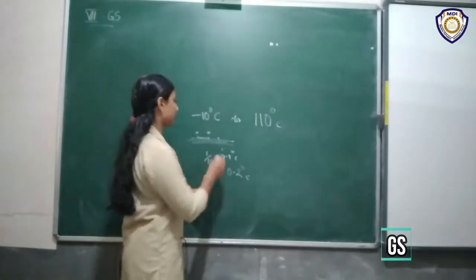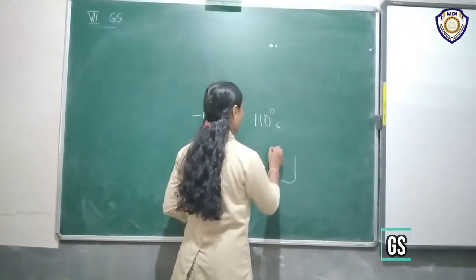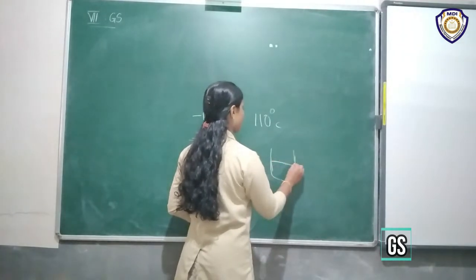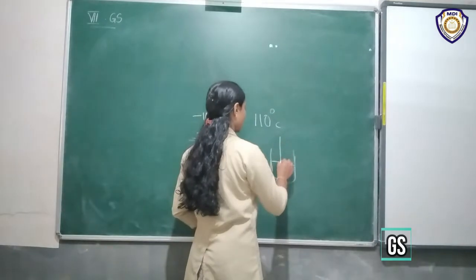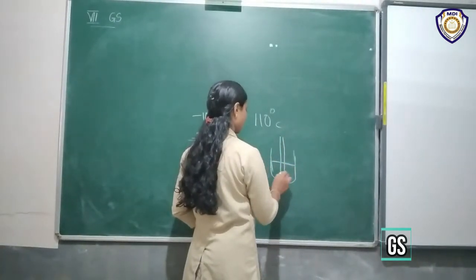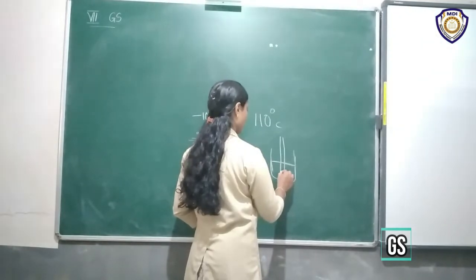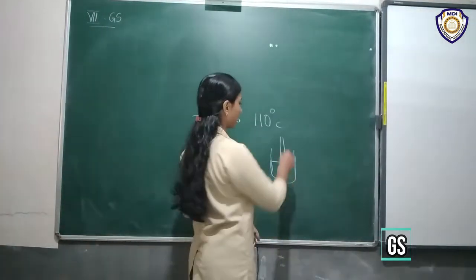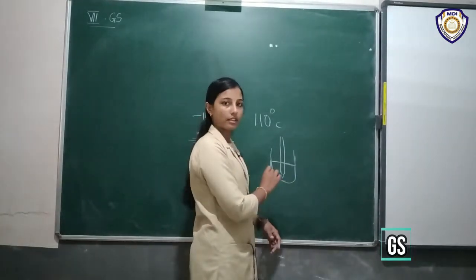scale. And suppose this is the beaker and you take water up to here and place the thermometer like this. So this bulb will not touch this container.